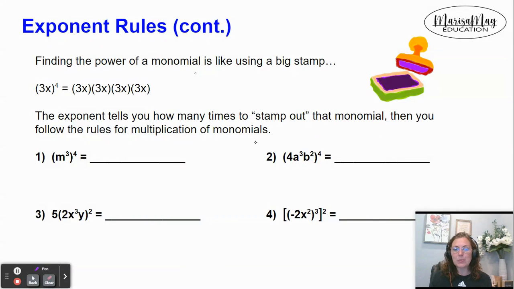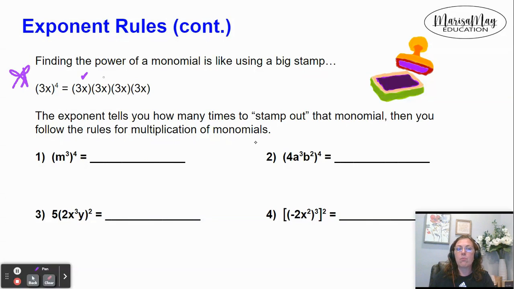Our next exponent rule is raising a power to a power. Now, I want you to think of this like a stamp. So look at the problem I have. 3x in parentheses to the fourth power. What that means is to take that parentheses and stamp it 4 times, or write it 4 times and multiply.